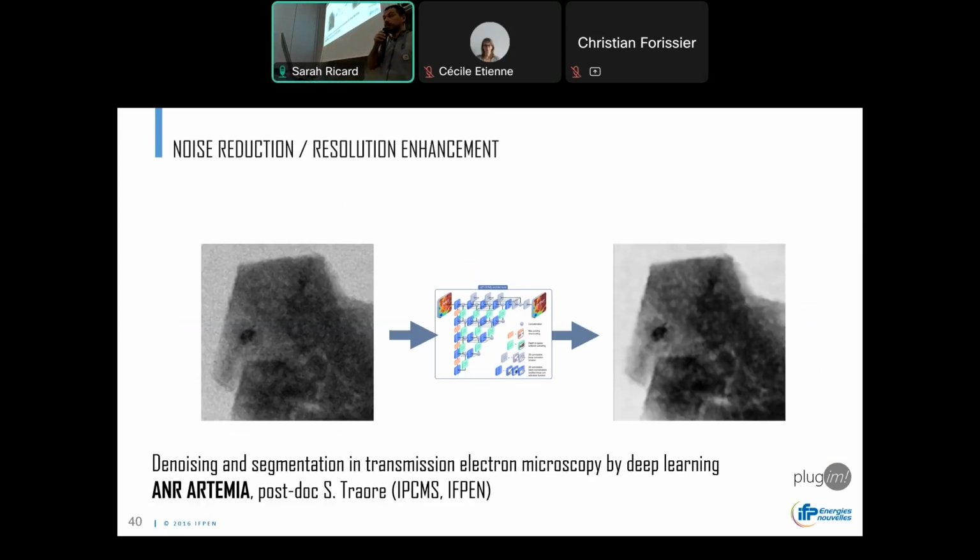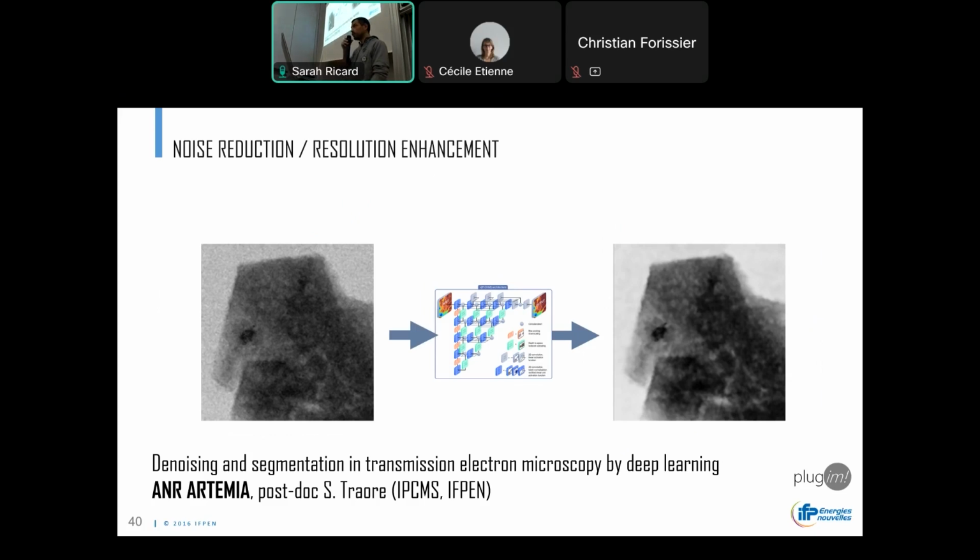Another illustration, same field, same architectures, same procedure. We can use CNN to make noise reduction in the field of electron microscopy, for instance here in transmission electron microscopy. We also have some examples at IFPEN for secondary electron microscopy or scanning electron microscopy. The idea is the same.